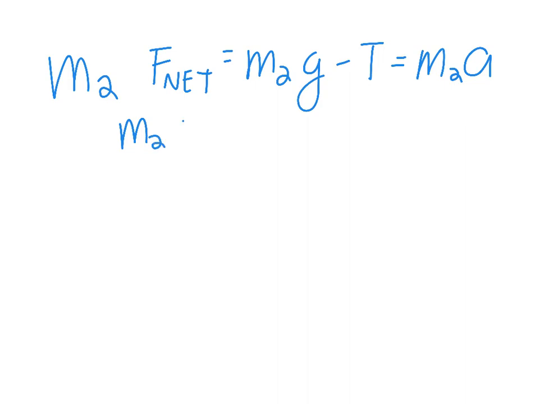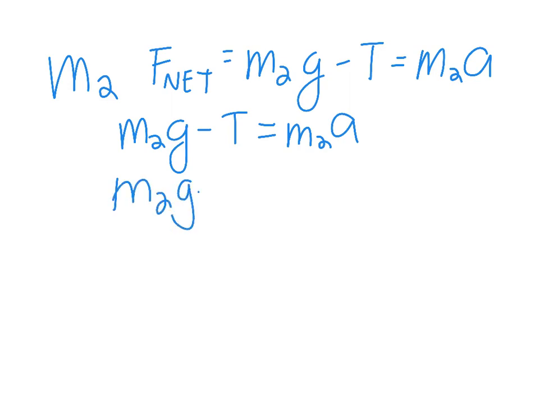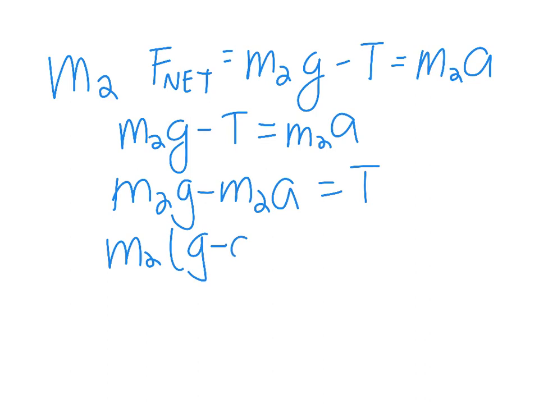So now I have m2g minus T equals m2a. Now let's solve for T, because T, tension, is what's connecting these two objects. So I'm going to have m2g minus m2a, and that's going to equal T. And then I can pull out an m2, m2 (g minus a), and that's going to equal T.